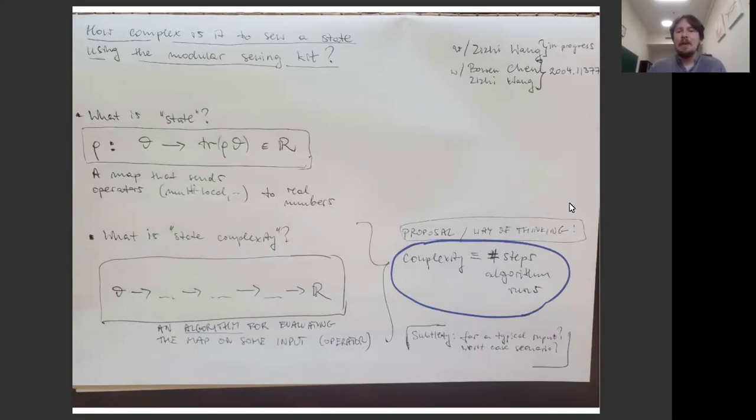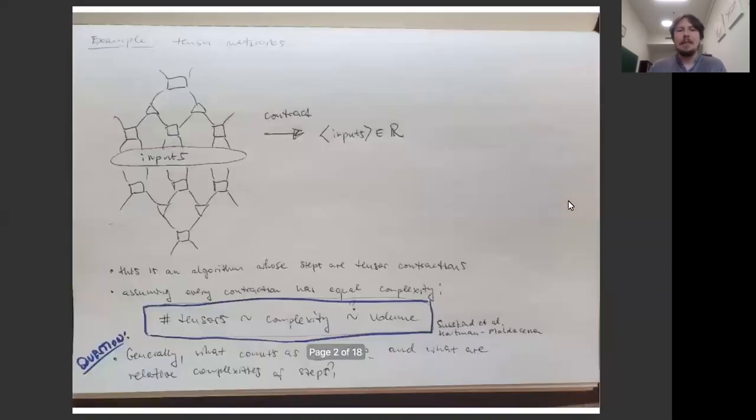Okay, so now on the next slide, I have an example of what it means to take a state as an algorithm. The example is tensor networks. Here I drew a tensor network evaluation of the expectation value of some operator, here written as inputs in a state.